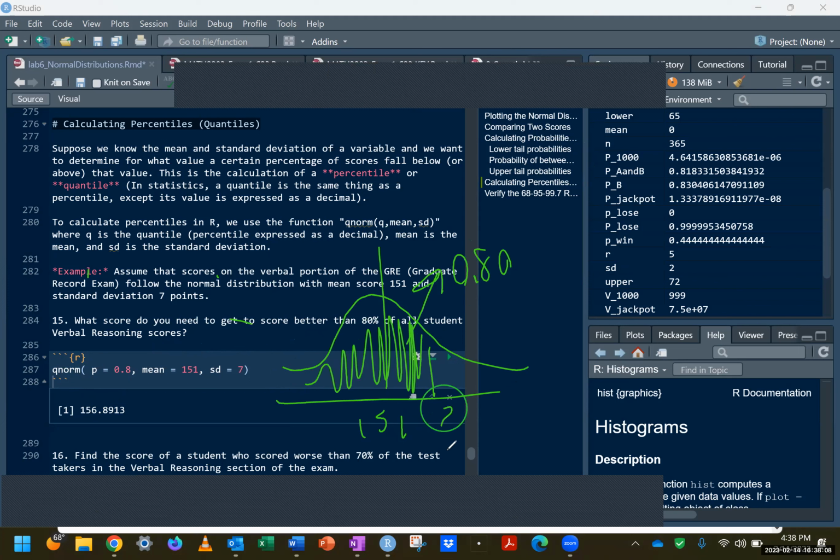What score? To answer that question, we'll do QNorm. QNorm takes in your P and gives you output of a quantile, Q. So remember, the median, that's the 50th percent quantile, and the first quartile is the 25% quantile, if that helps connect what we were doing with box plots earlier.